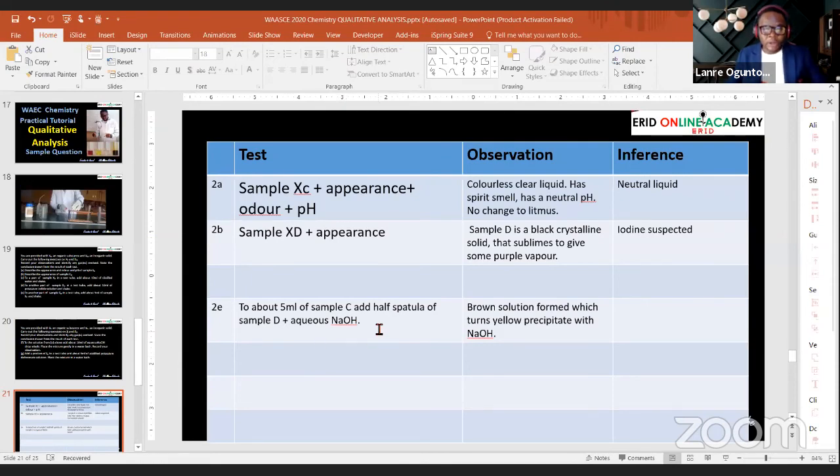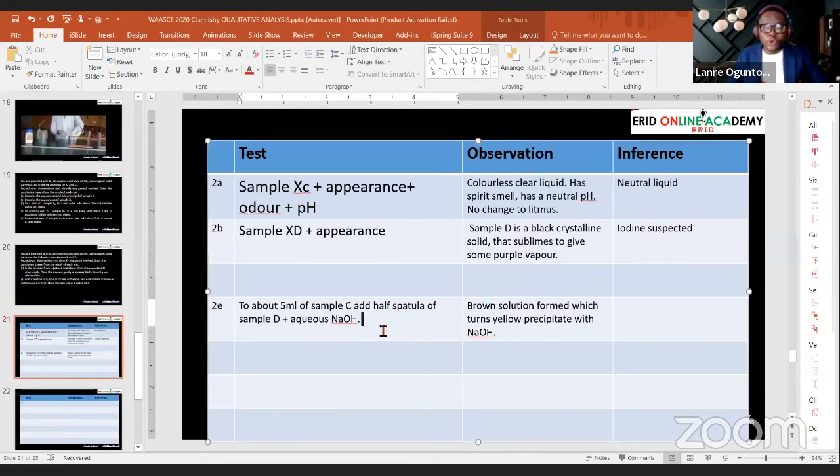But they could also ask you to warm gently if it's not changing. So in your test, they could say if no change observed, warm the mixture gently.